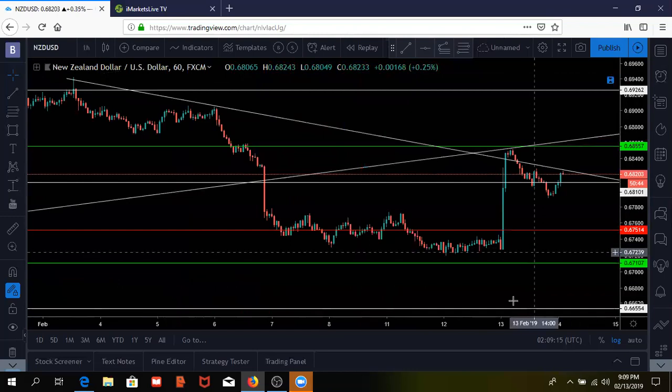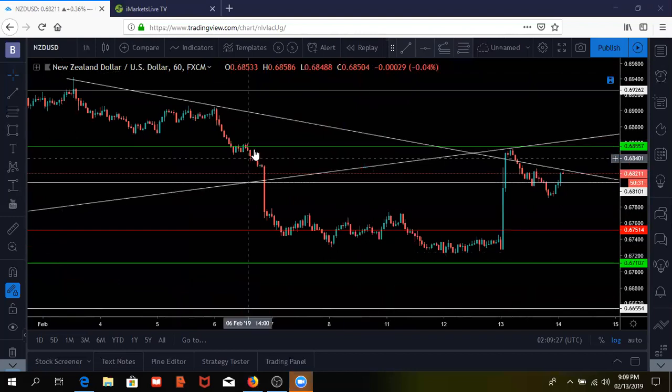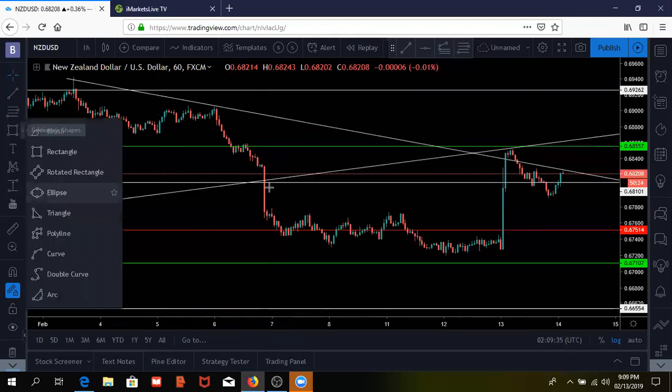But anyway, how would you know a price with respect? You can wait for a break and a retest. So you can wait for a break, like you see right here, this break in the market, and just be patient enough and wait for the market to come back and retest it.